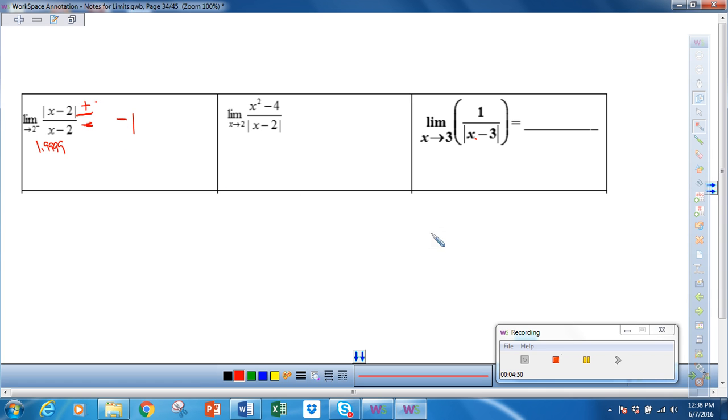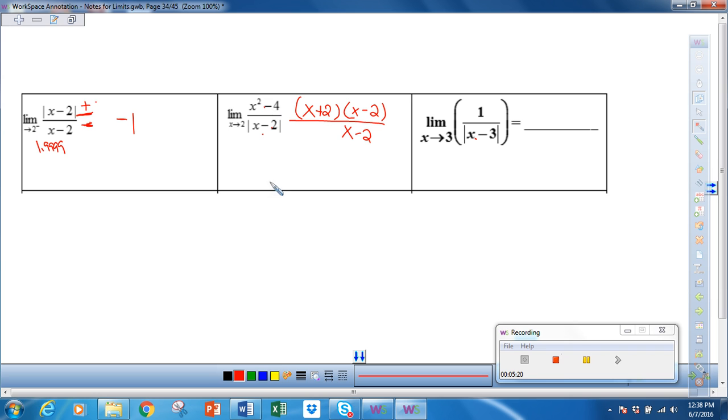Okay? Now, for this one, I have to factor first, because I don't know that x squared minus 4 divided by the absolute value of x minus 2 will have the same magnitude. But if I were to factor this correctly, I get x plus 2 times x minus 2, all over the absolute value of x minus 2.